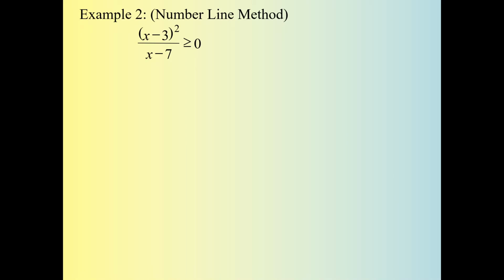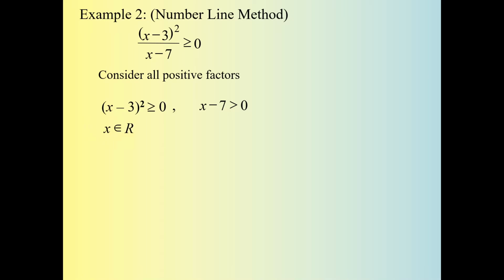For the number line method, as usual, we are going to consider all positive factors. So for (x - 3)² greater than or equal to 0, x can take all numbers on the real number line.